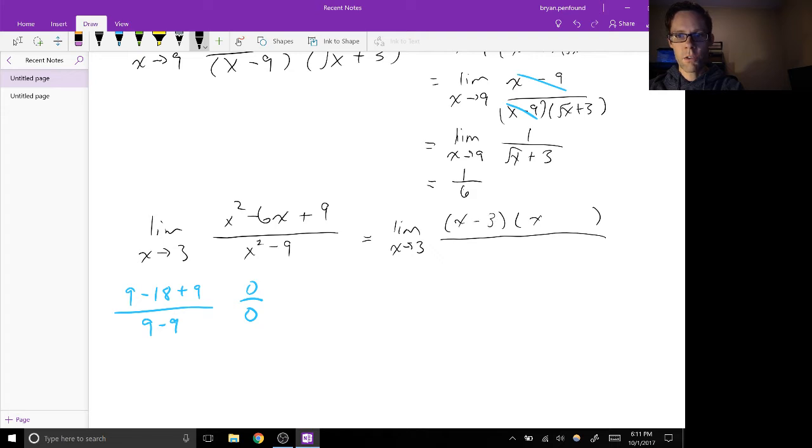I think -3 and -3 should work. When I add those, I get -6, and when I multiply those, I get +9. The denominator is a difference of squares, so I can factor that as x plus 3, x minus 3.